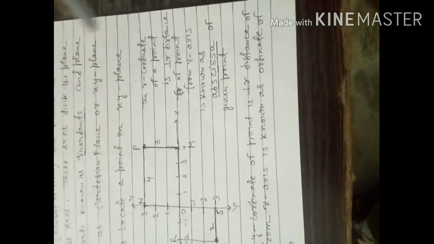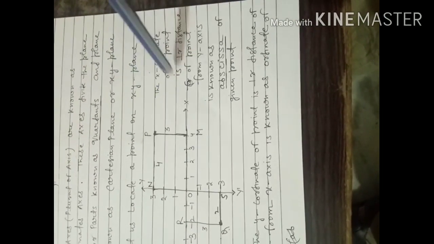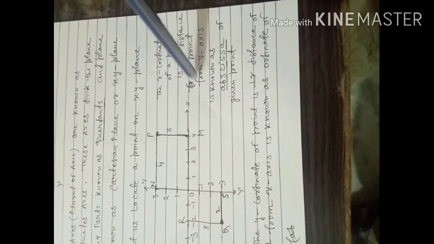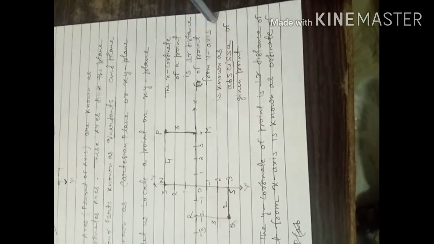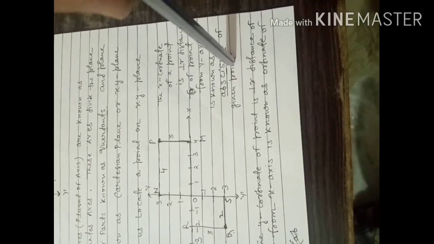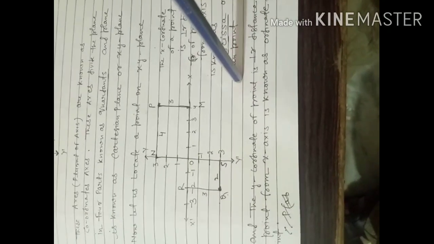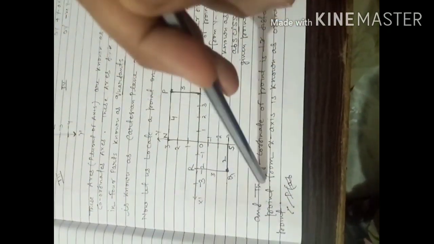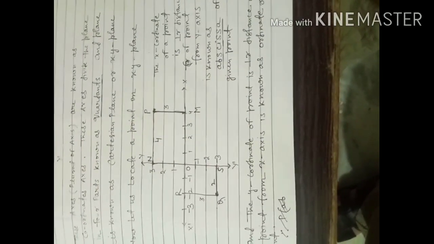Similarly, you can read here, I have written already, the x coordinate of a point is the perpendicular distance of the point from the y-axis, known as the abscissa of the given point. And the y coordinate of the point is the perpendicular distance of the point from the x-axis, known as the ordinate of the point.